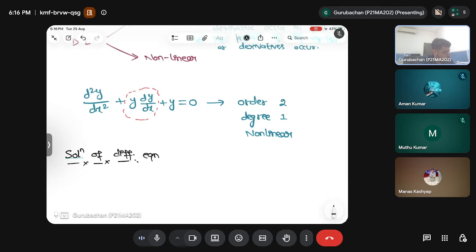Now what is the solution of the differential equation? It is a function relating the dependent and independent variables, like y is equal to f of x, which satisfies the given differential equation. Correct.